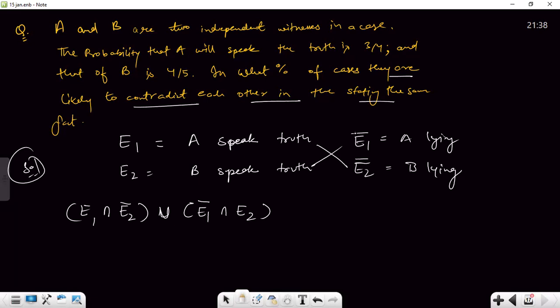If one lies and the other says the truth, then definitely they are going to contradict. Also, it may happen that both of them are lying. If both of them are lying, then they will also contradict, right? Because they don't know what the other person is going to lie about. They are two independent witnesses, na? So if both will lie, that is also a contingency.